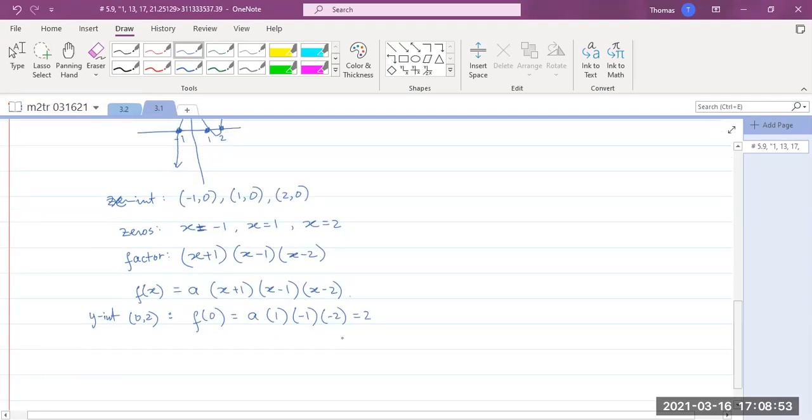Okay, so 2a equals 2, so a equals 1. So we now recover the function from the graph: f(x) equals 1 times x plus 1, x minus 1, x minus 2.